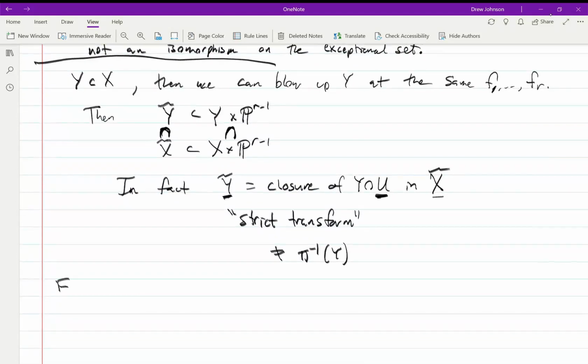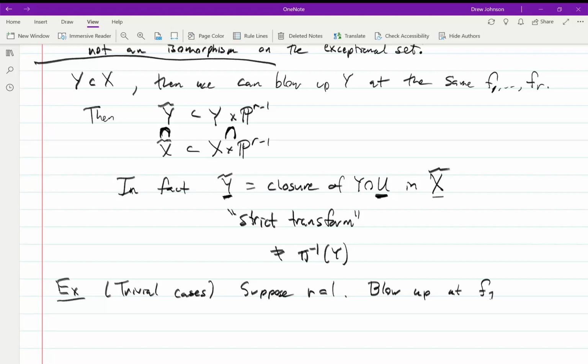Okay, let's do our first example. But sadly, this is not going to be a very interesting example. This is the trivial case. Suppose r equals 1, so we're just blowing up at one function. Remember, we are blowing up at r functions, f1 through fr, but let's just blow up at one function.